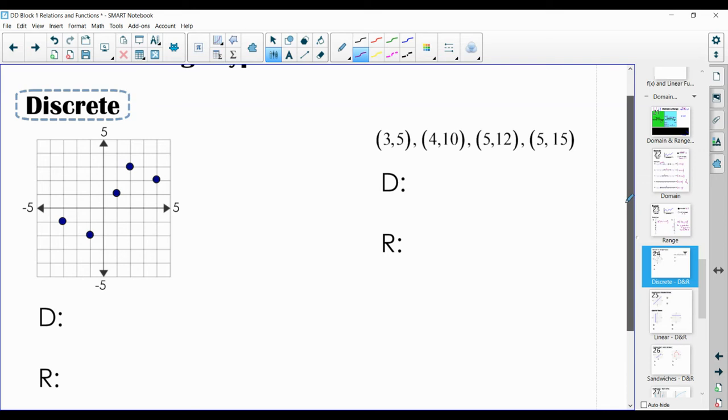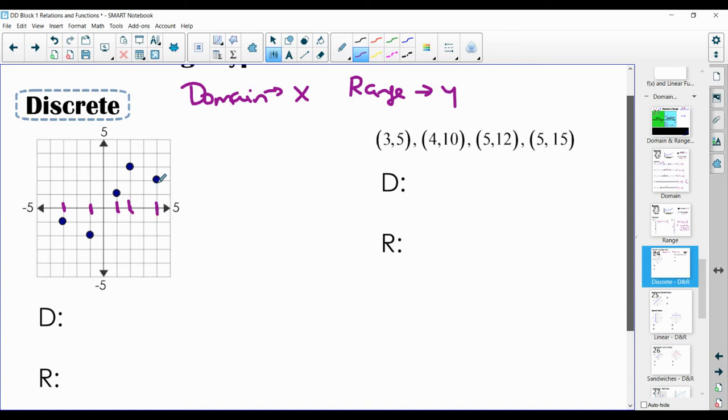With this particular graph here, for domain, you've got to remember that domain is all of our x values. So domain is x, range is y. And so for domain, we're looking at all of our x values. Well, we have an x value at -3. We have an x value at -1, at 1, 2, and 4.